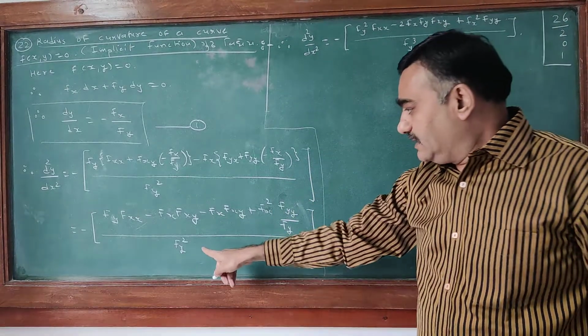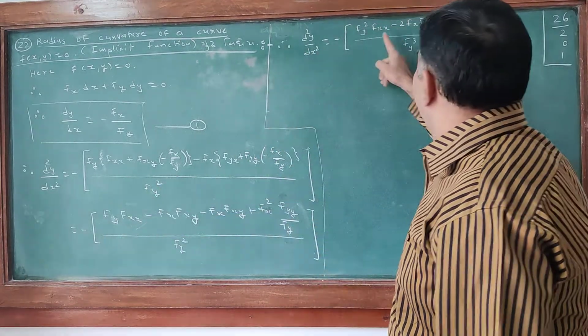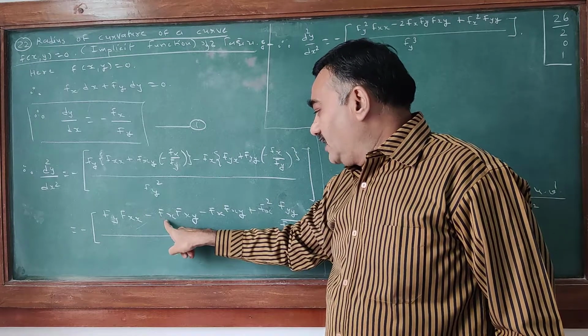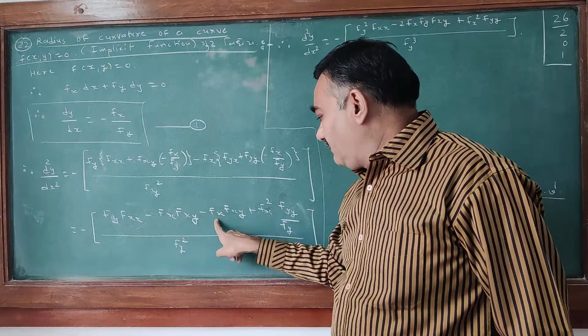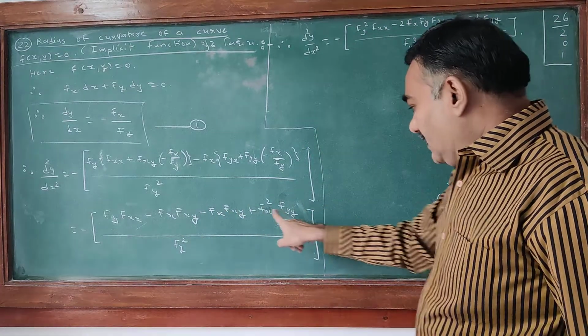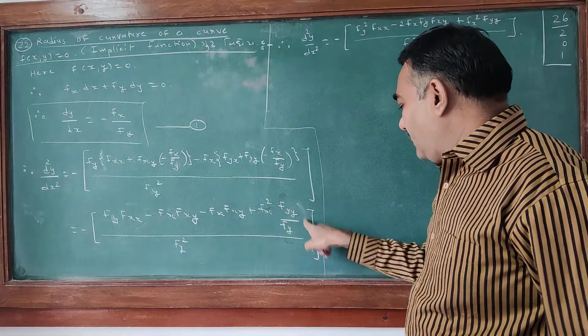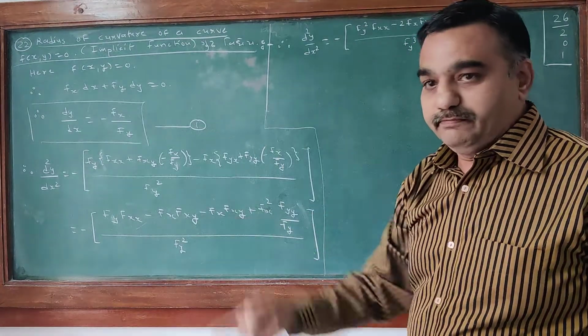So we have fy square f of xx multiply by fy, fx, fy, fx, fy, f of xy plus fx square f of yy upon fy square becomes fy cube.